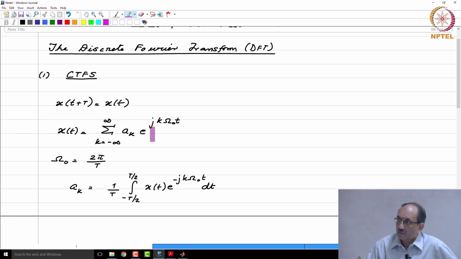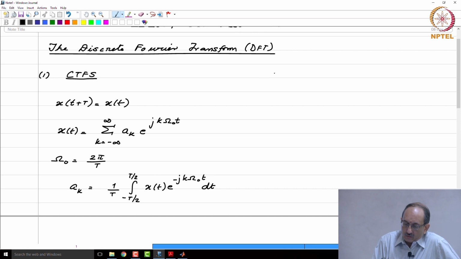Now this is not the only representation possible. You can have a different set of basis functions. For example, you could express it in terms of Walsh basis functions.